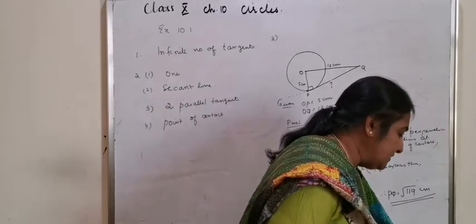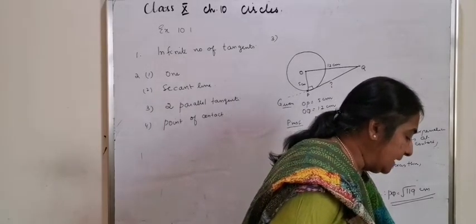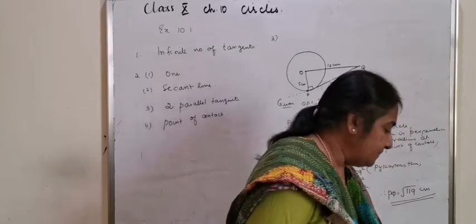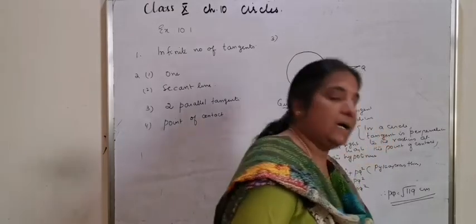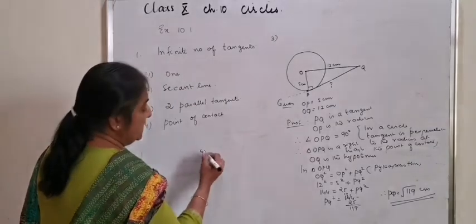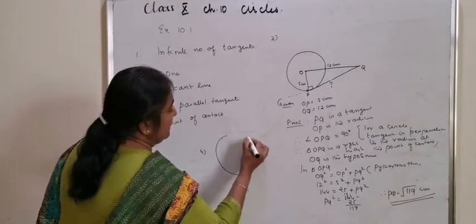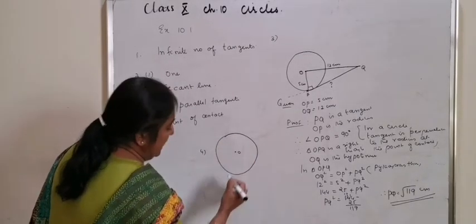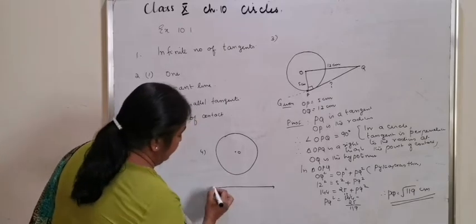Draw a circle with two lines parallel to a given line such that one is a tangent and the other one is secant to a circle. So, as a rough figure, they have given a circle and a line outside.